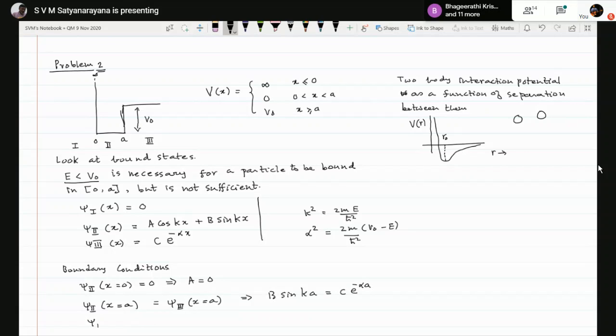Now the potential there is finite, so its derivative also should be continuous. So psi 2 prime at x equals A is the same as psi 3 prime.